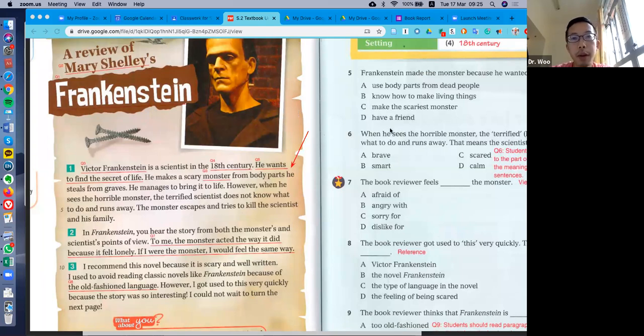So the first paragraph is summary of story. So based on that, how many characters are in this story?